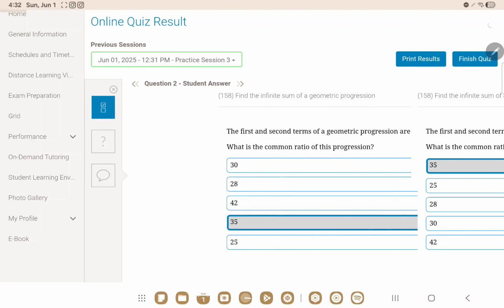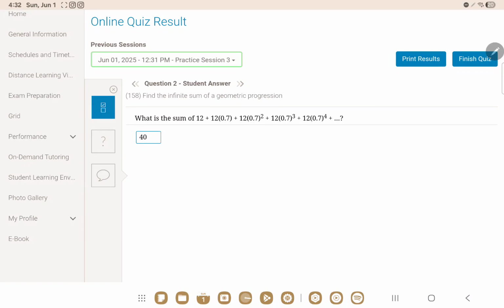Moving on to the next question. What's the sum of this geometric progression to infinity? Now the sum to infinity of a GP is equal to G1, which is the first term, over 1 minus the common ratio. Common ratio, you get it by dividing G2 over G1.